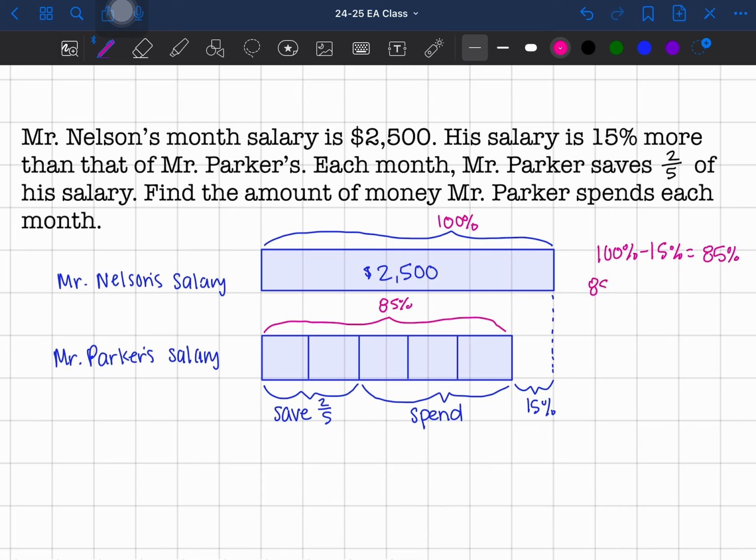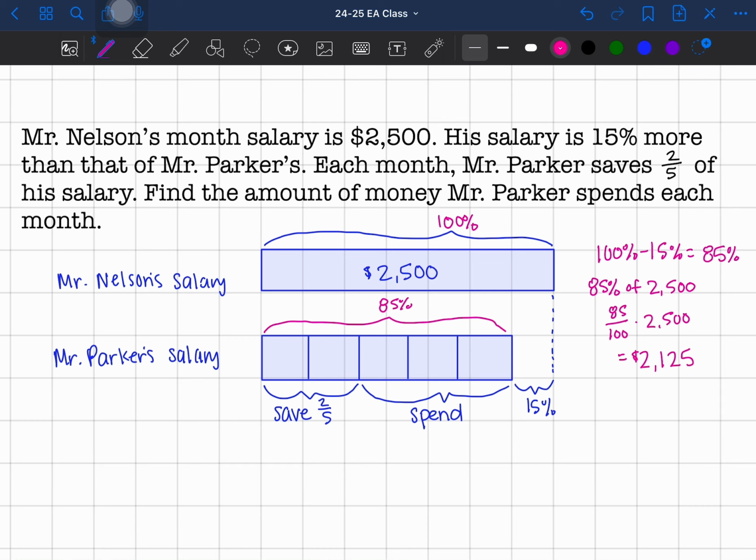So 85% of 2,500 would be 85 over 100 times 2,500. And you should get $2,125.